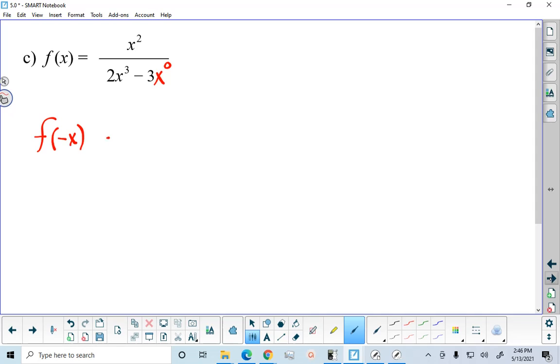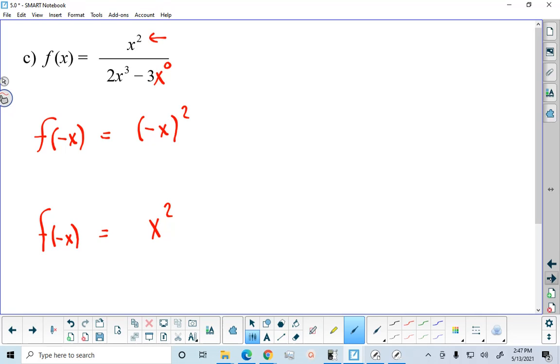procedure. We put in negative x for x. We'll get negative x quantity squared. I hope you see that because this top exponent is even, when I put in negative x, it's not going to have any effect on the top because I'm going to be squaring a negative.